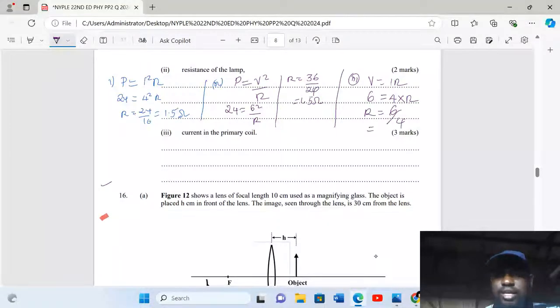Still we arrive at 1.5 ohms. All those are three methods.